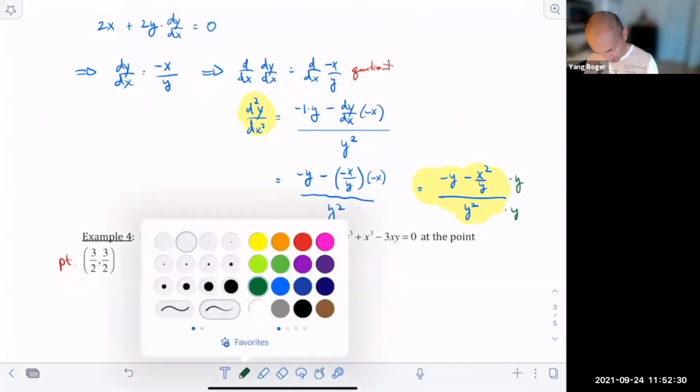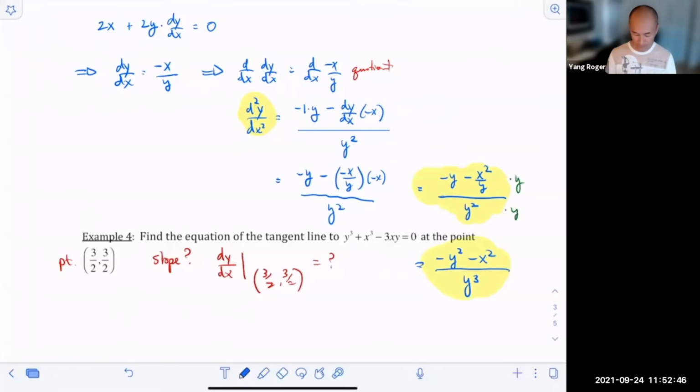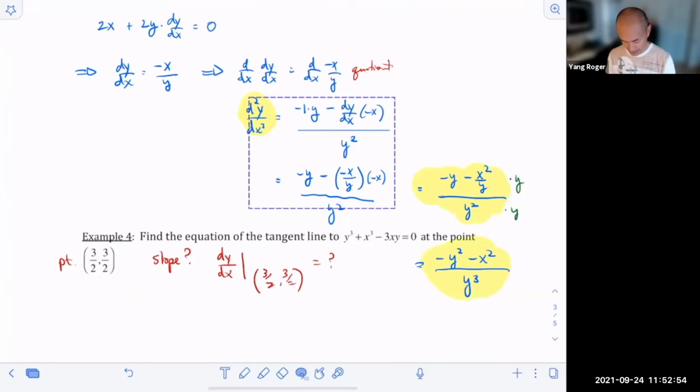Then your result could look like negative y squared minus x squared all over y cubed. Maybe that looks better to you. This looks kind of ugly. Yeah, that's what you meant. All right, good. Yeah, we could do that.